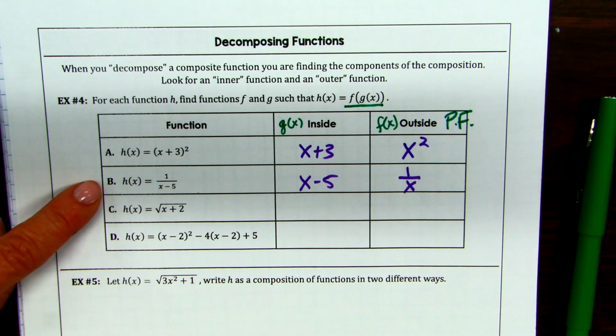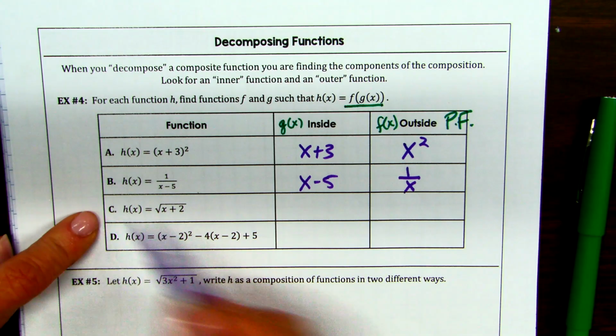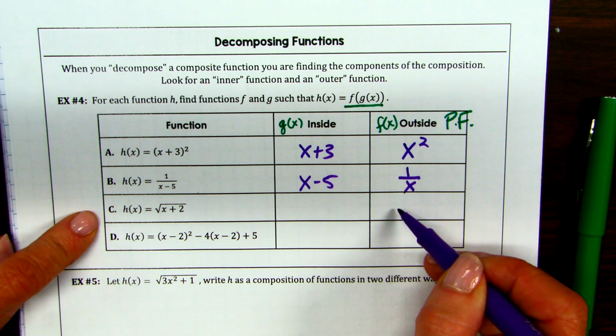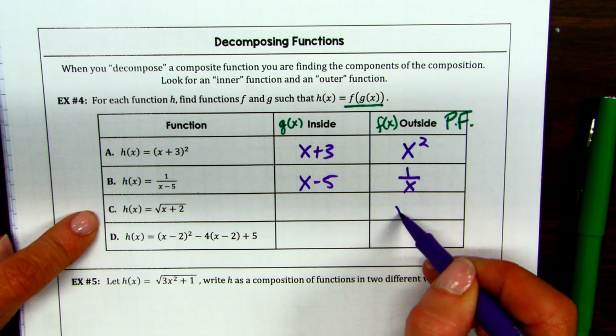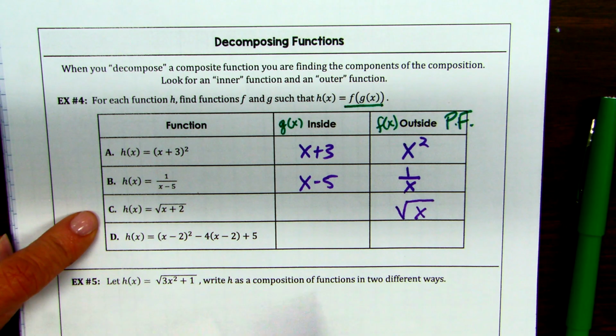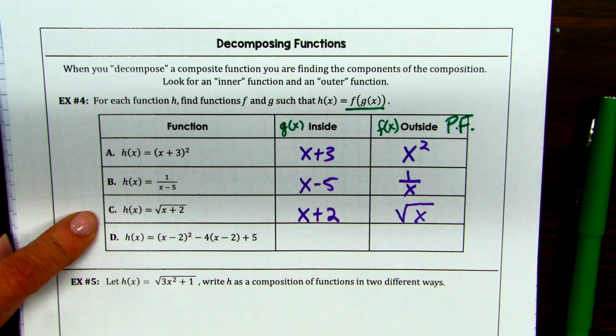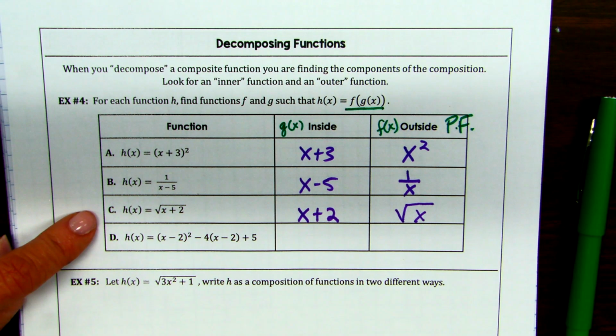Okay. How about h of x, question C. Can you tell what the outside one would be? Square root of x, right? We took out x and plugged in x plus 2. Are we seeing it?